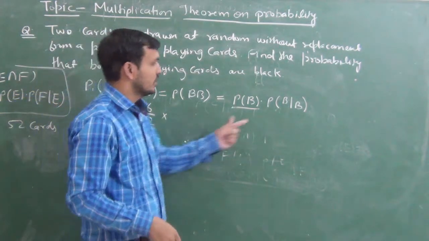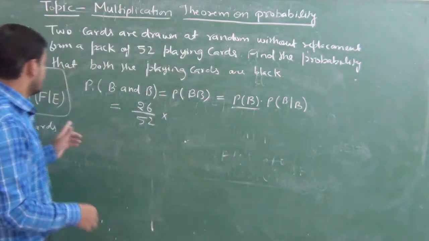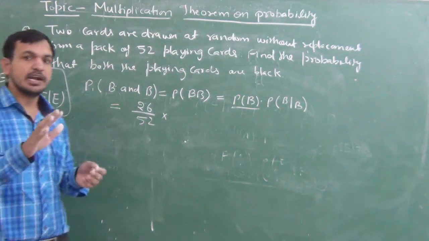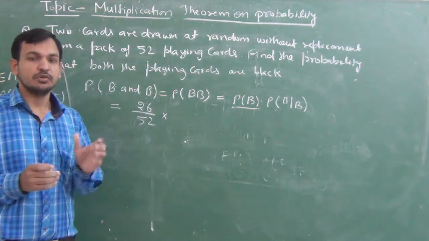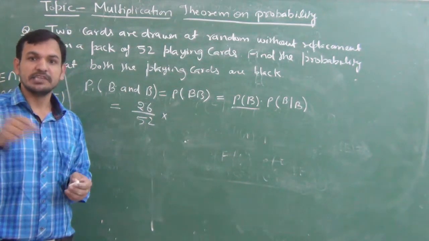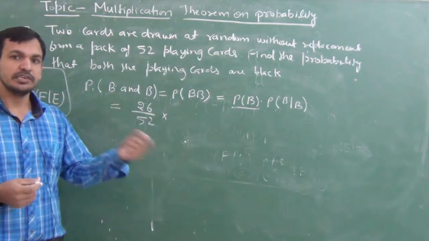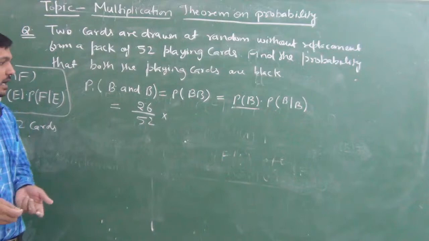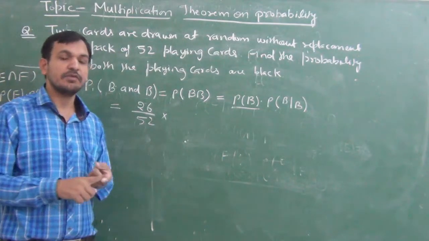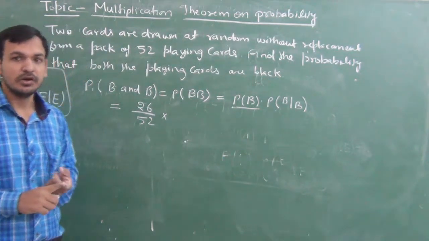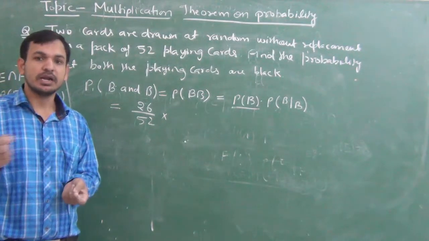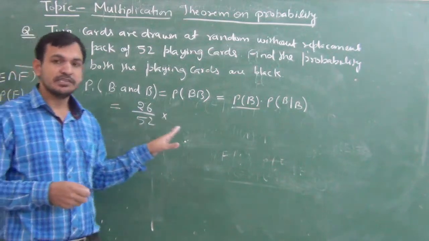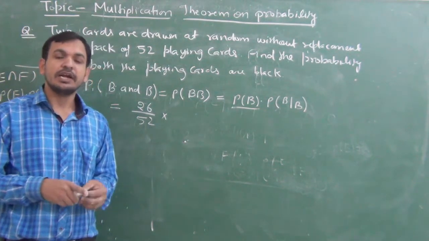And now if the first card is black and we kept that card aside, and then drew another card again. So when we draw again a black card out of the remaining cards, now we have only 51 cards. Out of 52 cards we have taken out one card. Now we are taking out the second card. Now we have only 51 cards in total, and we already have taken out one black card.